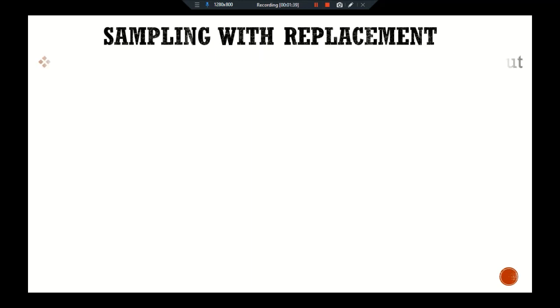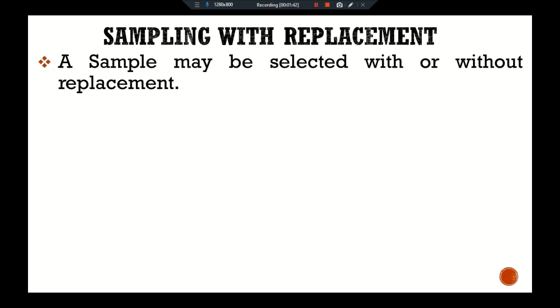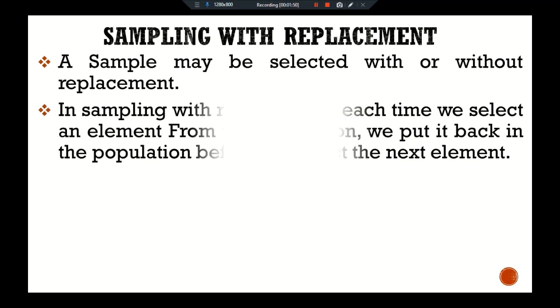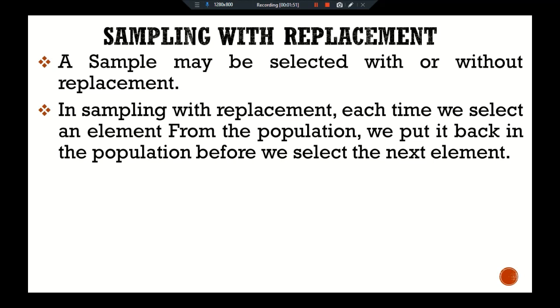There are 2 main types of sampling: sampling with replacement and sampling without replacement. So let's define sampling with replacement. In sampling with replacement, each time we select an element from the population, we put it back in the population before we select the next element.